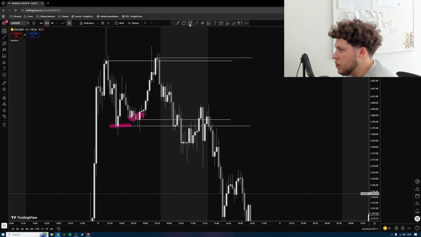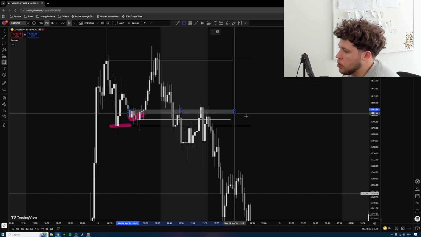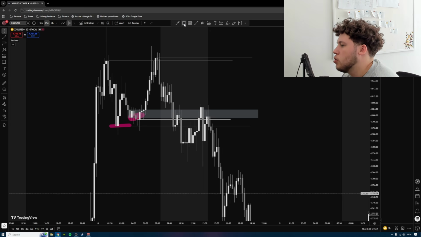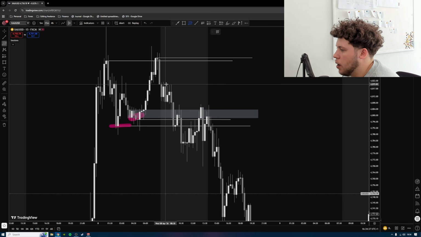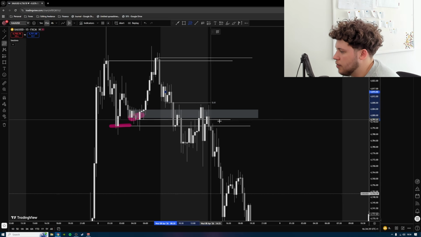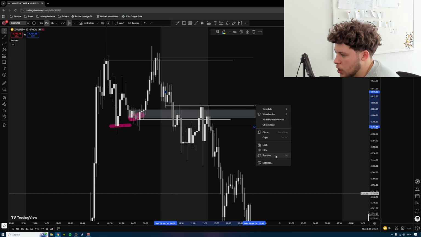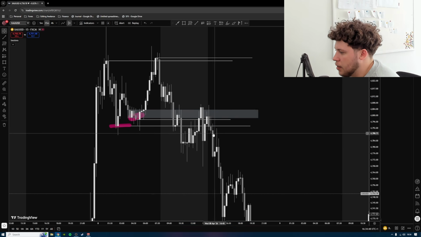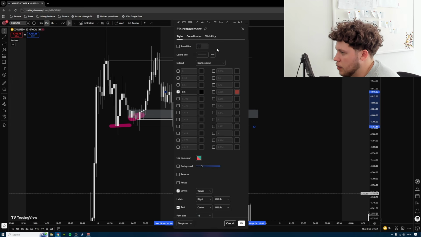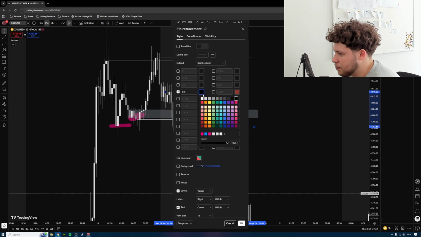And then there's a multitude of entries you can use. You can use a breaker block. You could use a 50%. You just draw it in like this, and then go to template, premium discount, and let me just change the color of that.